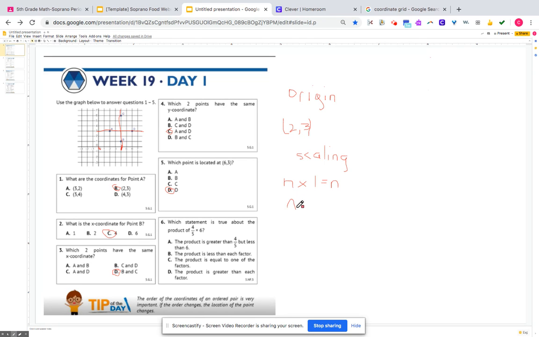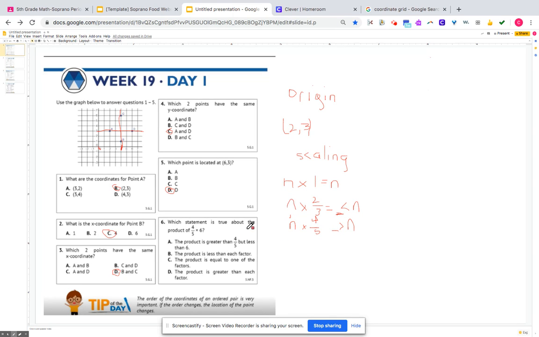If we multiply n times a number less than 1, let me just say 2/3, that's less than 1, the number would be less than n. The value of n goes down. If we multiply by a number greater than 1, so let's say that's 4/3, then the value of n goes up. So that would be the number would be greater than n. So there we go.